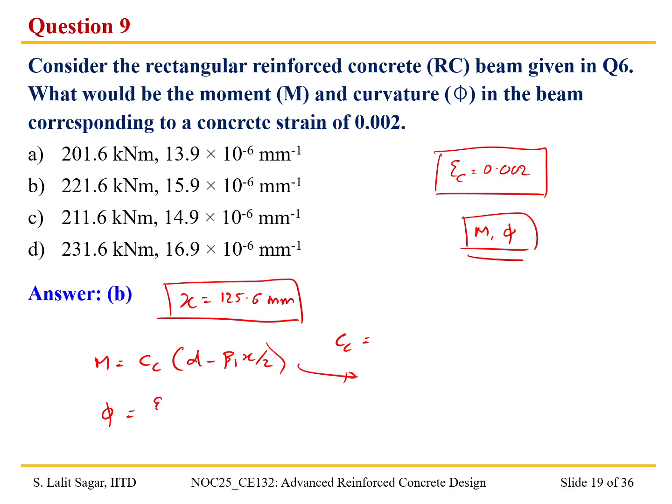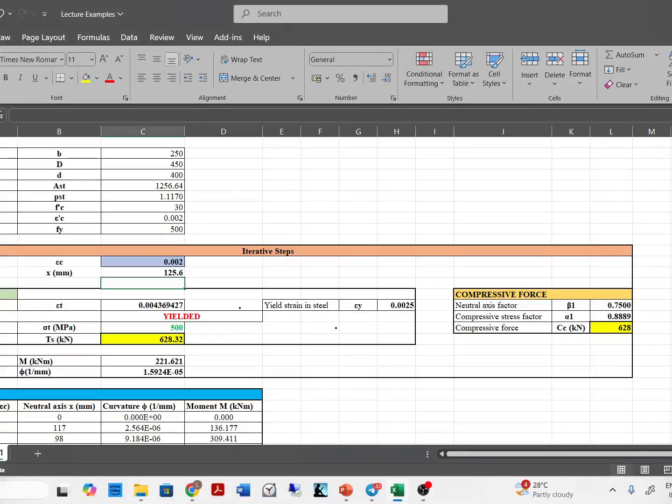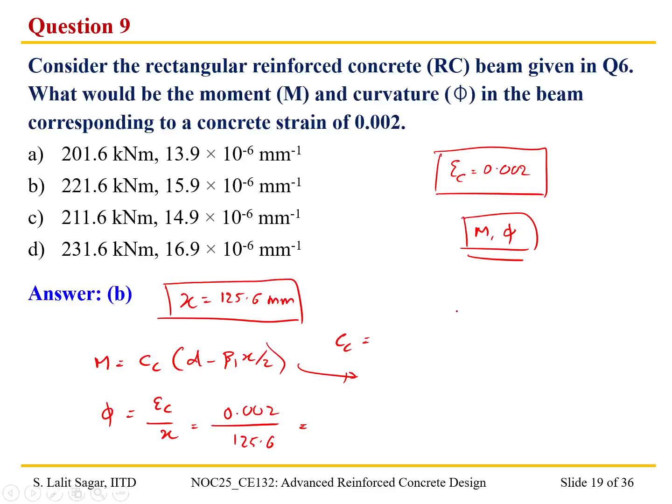Phi is equal to epsilon c by x, which is 0.002 divided by 125.6, right? Cc is equal to how much? Cc is 628 kilonewton.